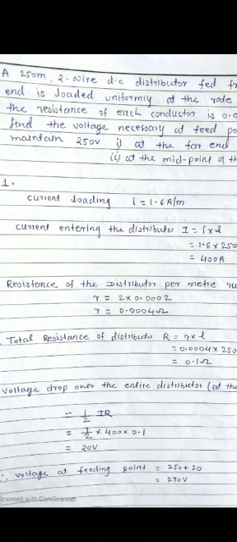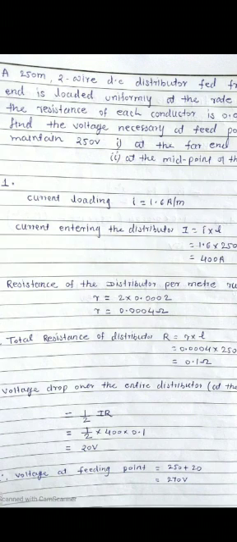Then the voltage drop over the entire distributor. We already derived that equation: it is 1 by 2 IR.